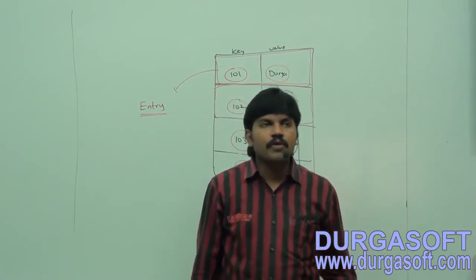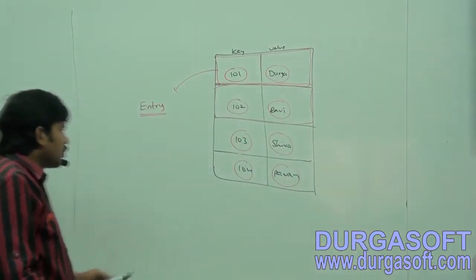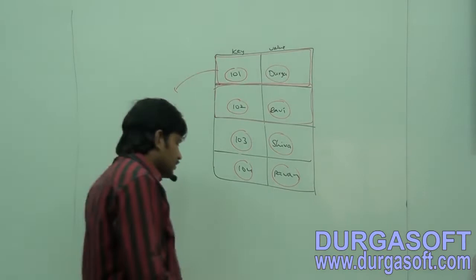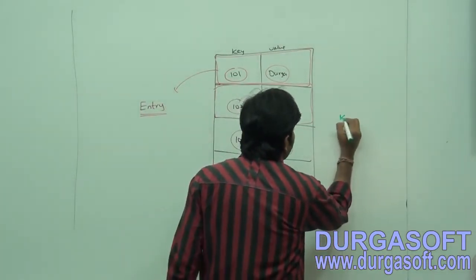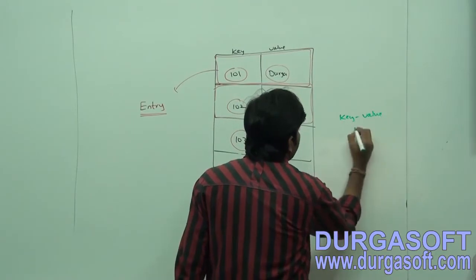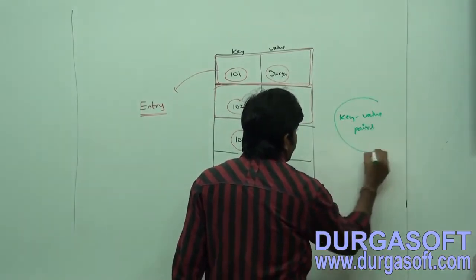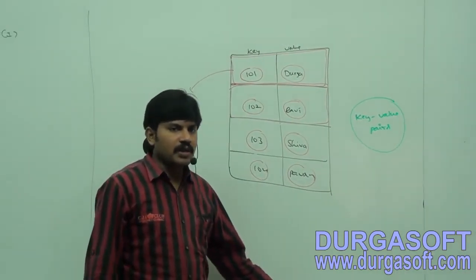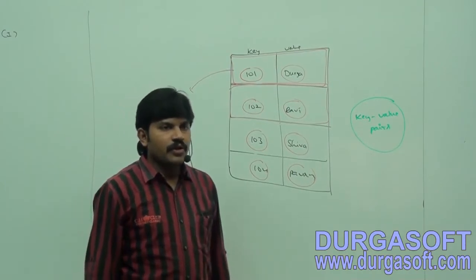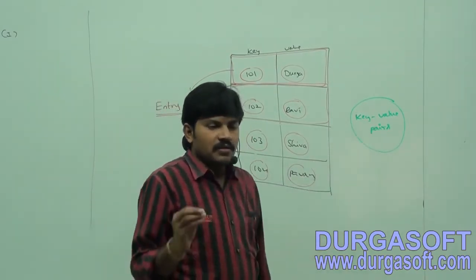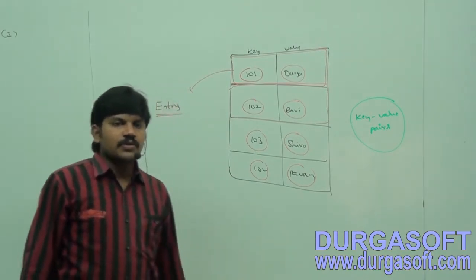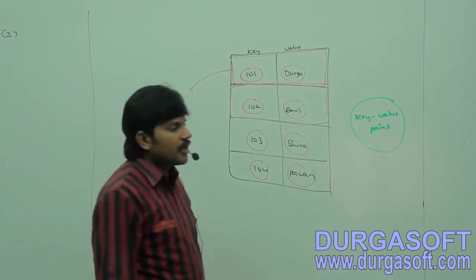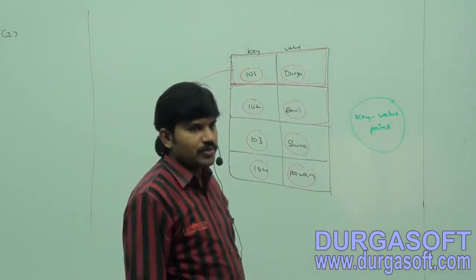Second, if I want to represent a group of objects as key value pairs, then we should go for map.